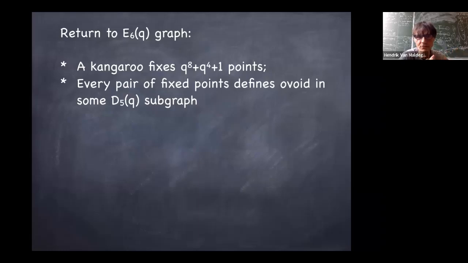This E(6,q) graph has a lot of D(5,q) subgraphs. That's why I looked for the previous example in these D(n,q) graphs. So you fix an ovoid in that D(5,q) graph, and we saw in the last slide that it doesn't exist. You can't find such an automorphism. So in the E(6,q) graph, you don't have a kangaroo.